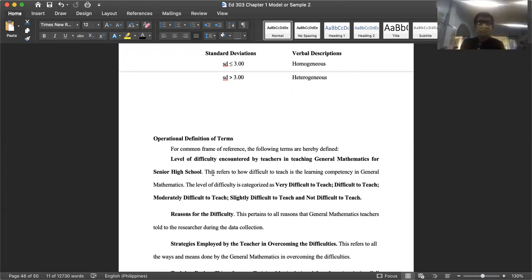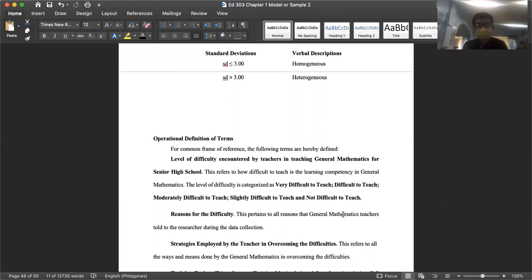But of course, the definition must be copied. You say this refers to how difficult to teach is the learning competency in general math. But you are going to contextualize that one, no? Depending on what subject. You are going to copy the level of difficulty is categorized as very difficult to teach, moderately difficult to teach, then slightly difficult to teach, and not difficult to teach. So all of these must be copied.